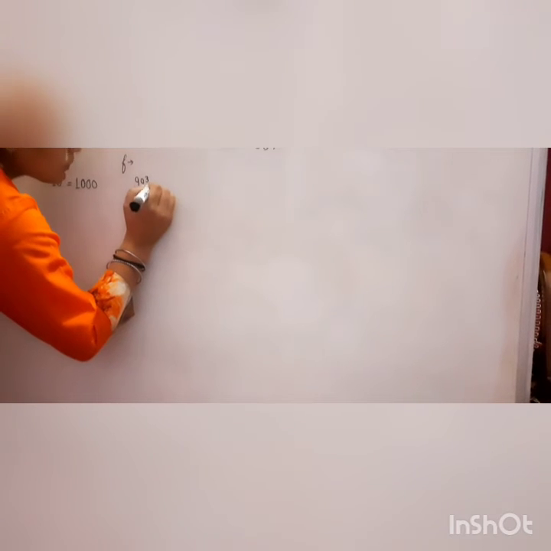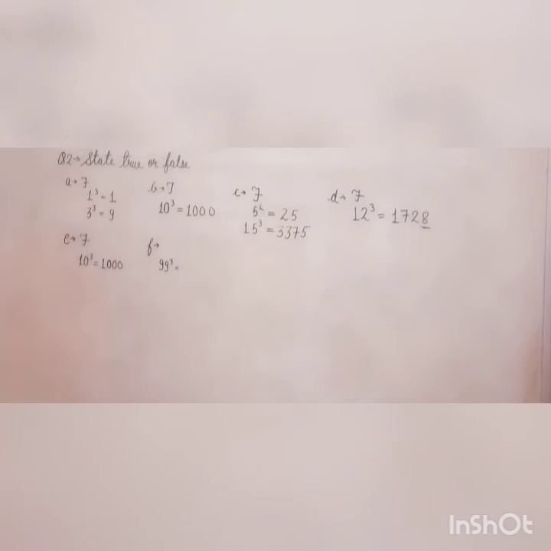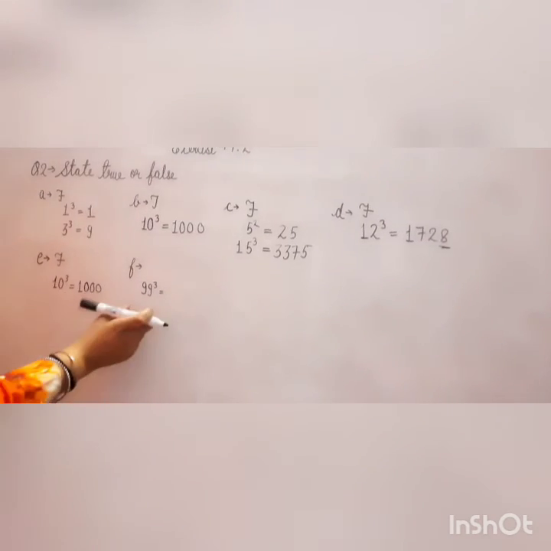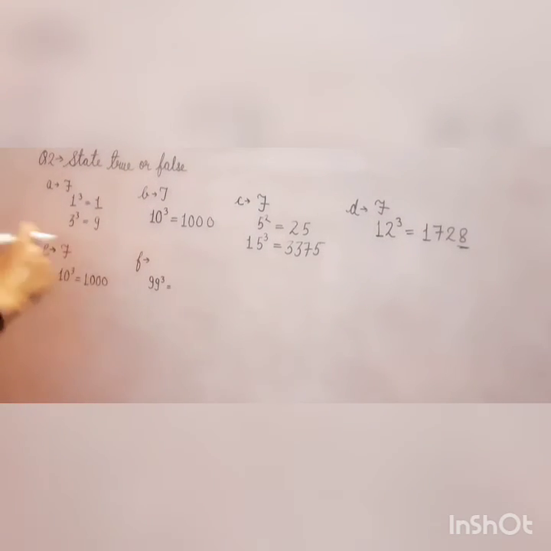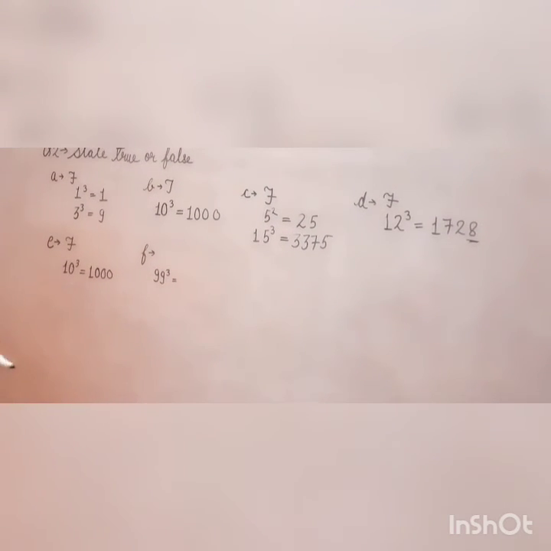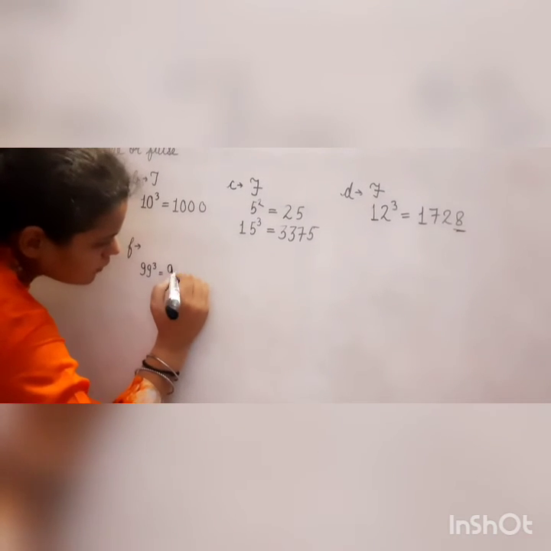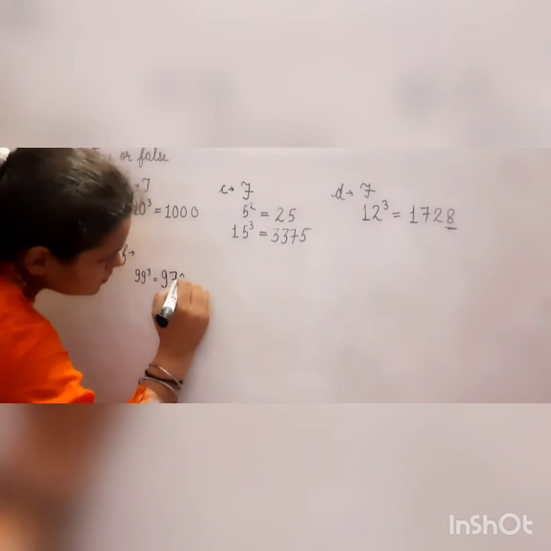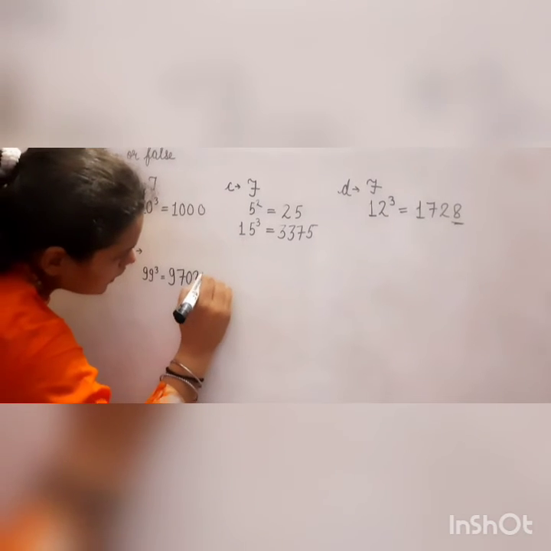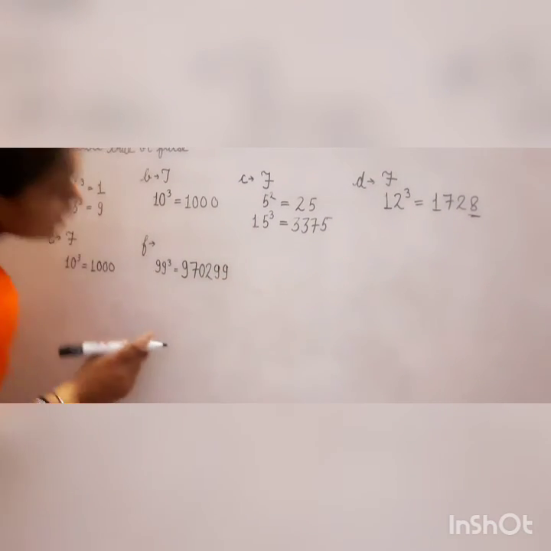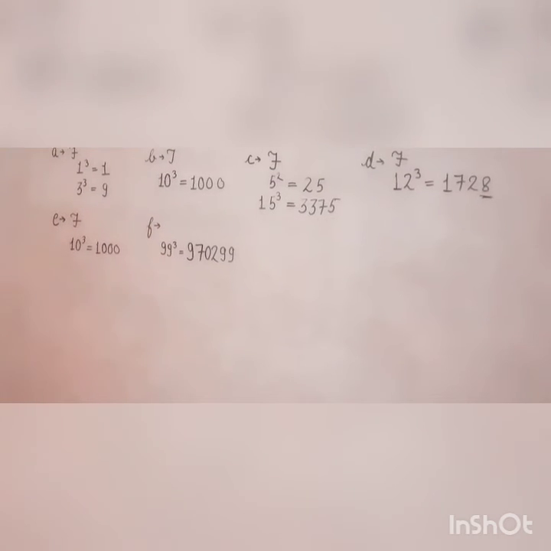When you multiply 99 by itself 3 times, it comes to 970,299.